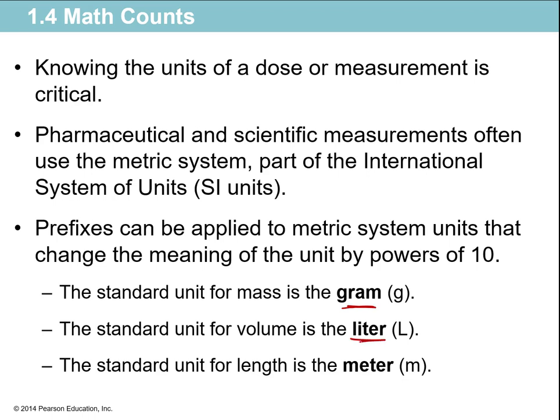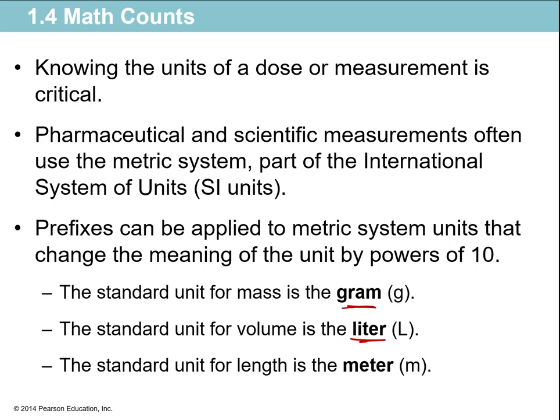Liter is fortunately the one that people are the most familiar with, because everybody has seen a 2-liter bottle of soda. When the 2-liter bottles came out, everybody was like, oh, now I know what a liter is: half of one of those bottles. So a liter is a lot like a quart. A liter can be indicated larger or smaller by using a prefix.